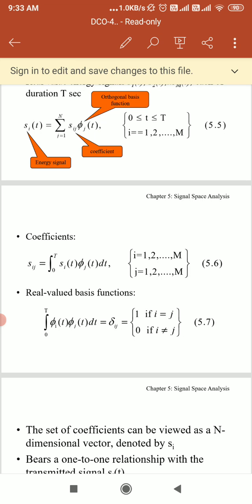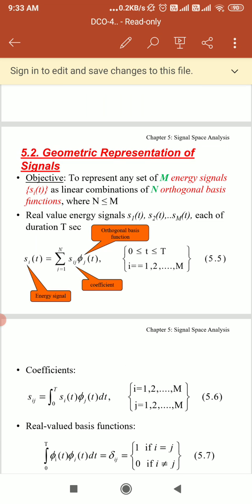Gram-Schmidt orthogonalization. The Gram-Schmidt orthogonalization states that when we are taking a set of m energy signals, and m is greater than or equal to n, we will get the signal Si of t that can be expressed as a linear combination of n orthogonal functions.